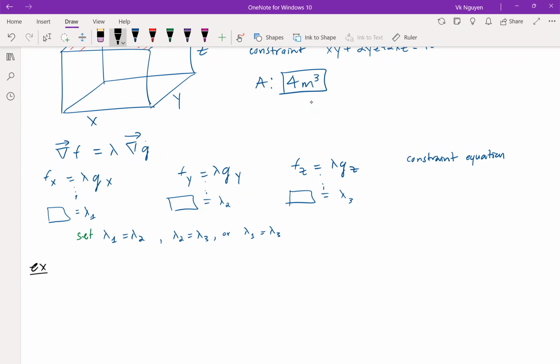Example: find the point on the plane 1/2 x + 1/4 y + 1/4 z = 1 closest to the origin.